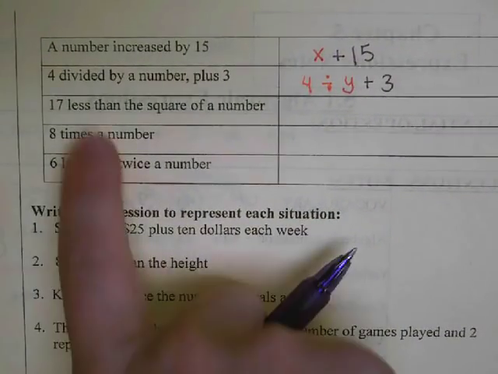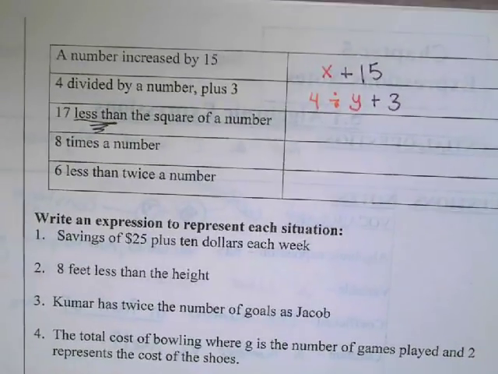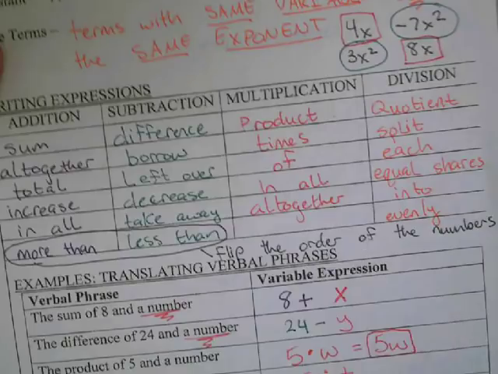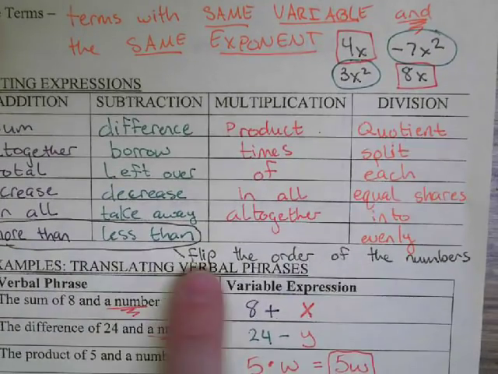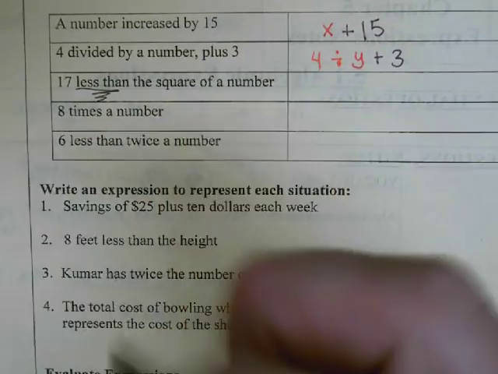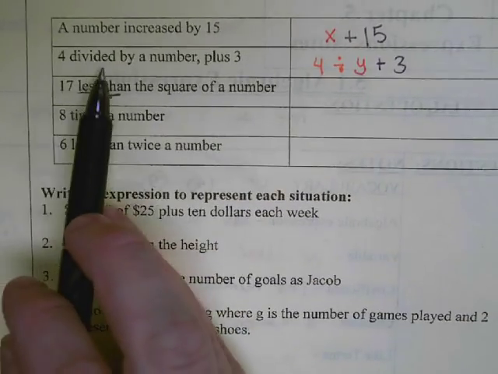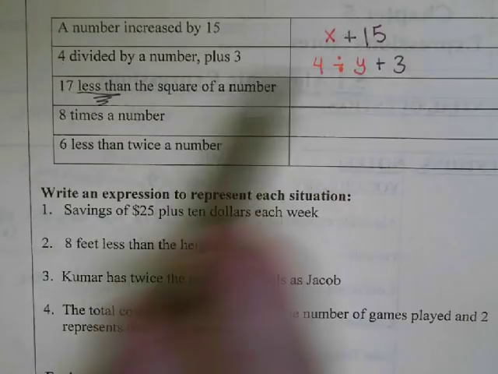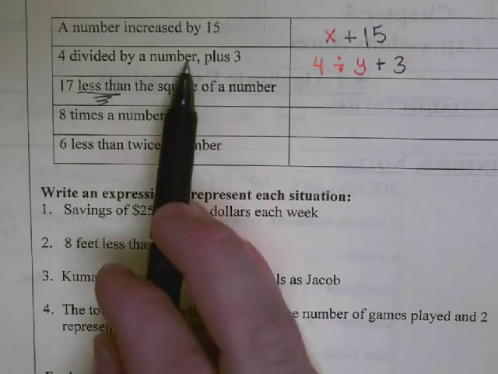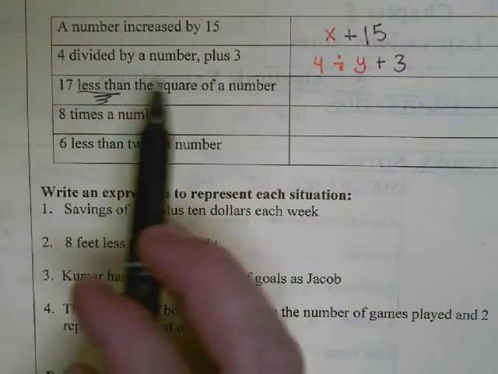Okay, here comes a less than. So this one is where it gets tricky. If we look back at our front page, less than, that's that extra note I made right here. When it's less than, we will flip the order of the numbers. So if it's 17 less than the square of a number, I need to flip the order of how this comes. Normally, like in the previous one, 4 came first, we had divided, a number came next, and then plus 3. When it's a less than or more than, I need to flip this order.